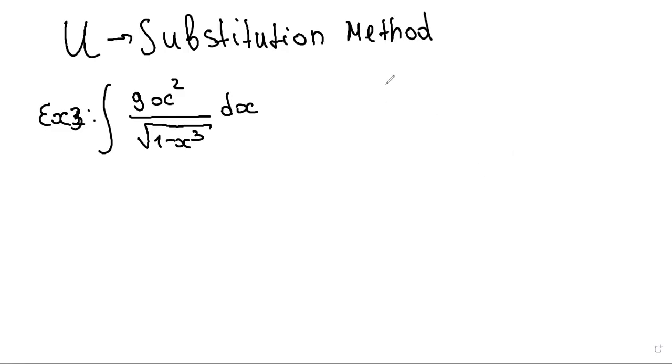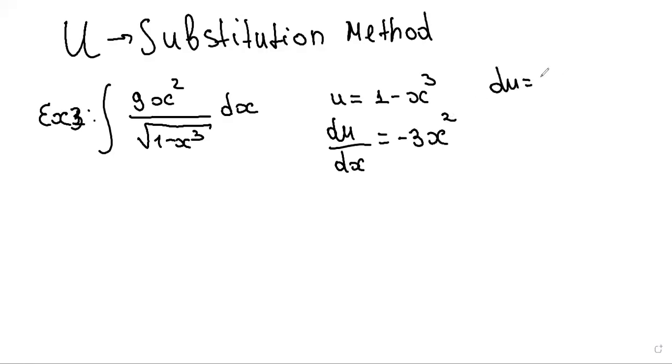In this case, we can write u equal to 1 minus x cubed. When we find the derivative of both sides, du divided by dx is equal to negative 3x squared. So du is equal to dx times negative 3x squared, so dx is equal to du divided by negative 3x squared.